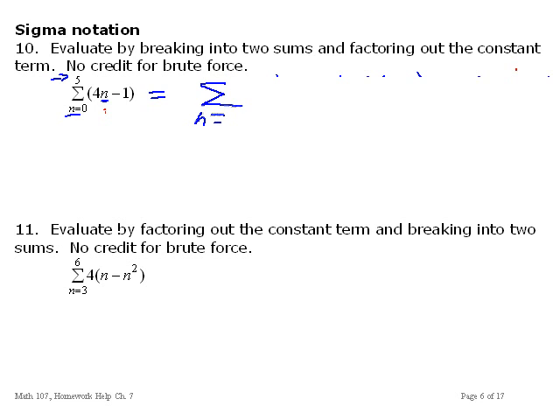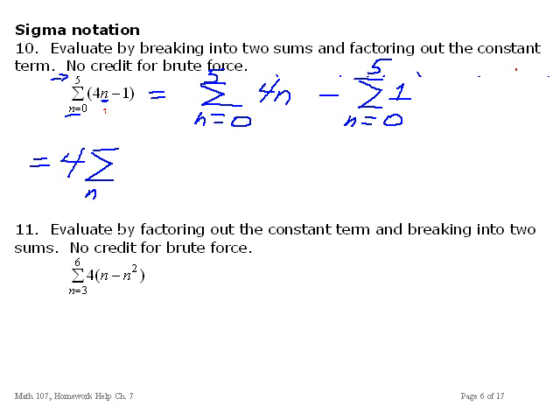So I have the same sum from 0 to 5, and all I have is a 4 in here, minus the sum over just the number 1, n equals 0 to 5, right? Because the 4 is multiplying everything, it can come out in front. So I have 4 times the sum from 0 to 5 of n, minus this sum.